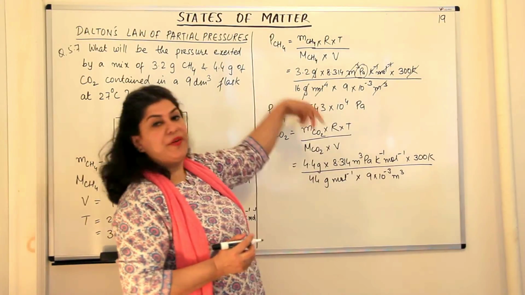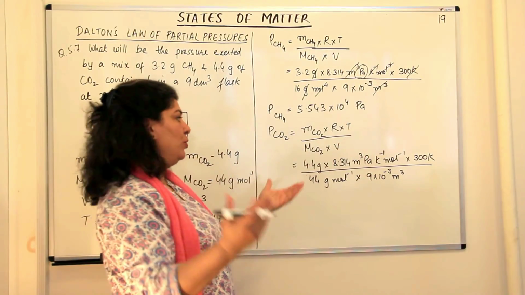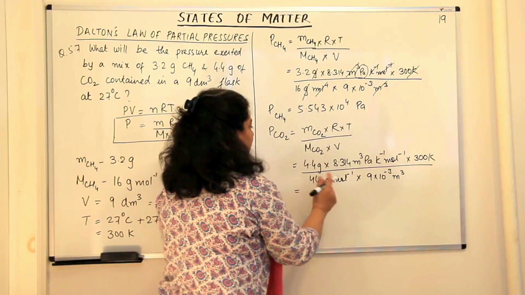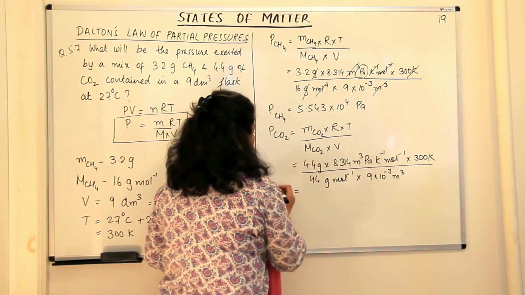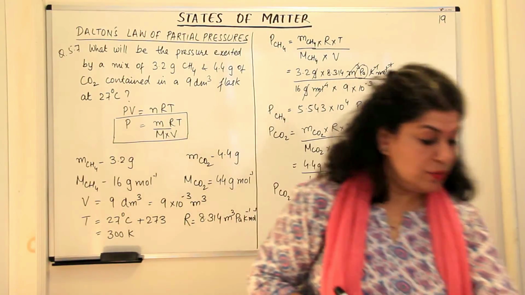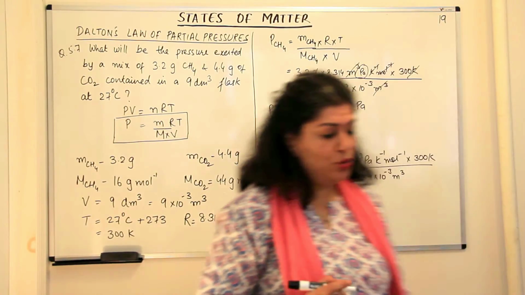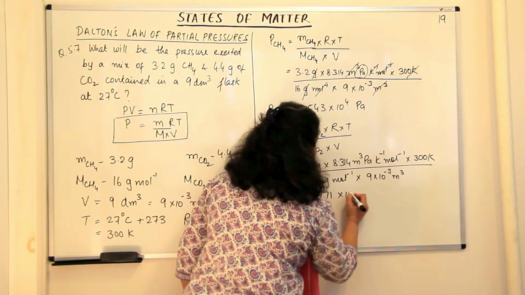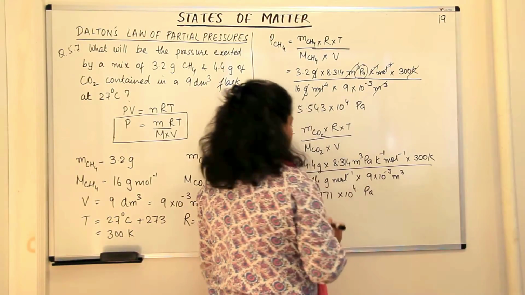Since I've already cancelled out the units, I know I've plugged in the right values. So let us just go to the numerical part. The pressure of carbon dioxide, when you calculate it, comes out to be 2.771 into 10 to the power 4 pascals.